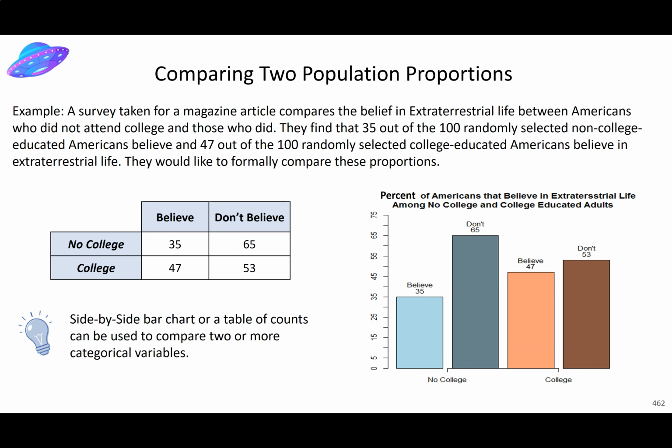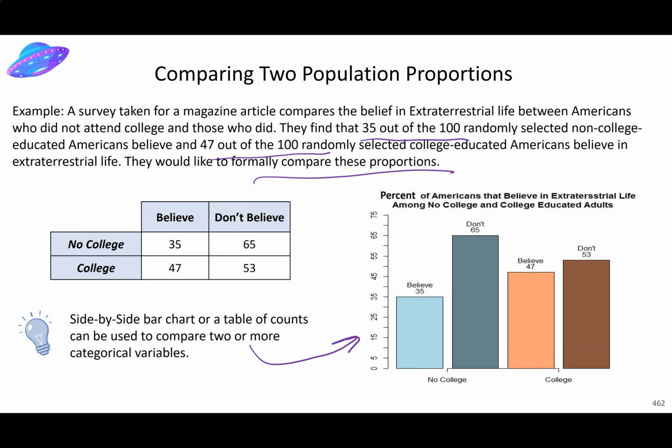They took a survey of 100 randomly selected Americans that are not college educated versus 100 Americans that are college educated. From there they said, okay, 35 of the 100 non-college educated Americans believe that there's life outside of Earth. 47 of the college educated Americans believe there's life outside of Earth. They want to more formally compare these proportions.